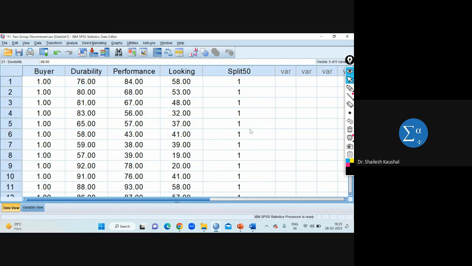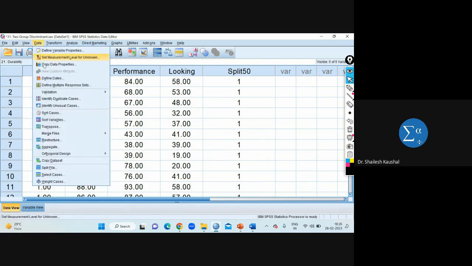Now I am performing the discriminant analysis. I divided my sample into two mutually exclusive categories: estimation and validation. I'm splitting this file into two categories. So how to split this file?